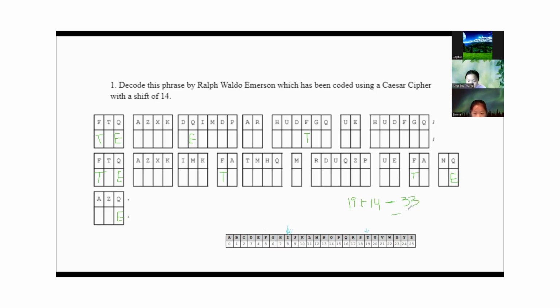And then if you subtract 26, which is how many letters there are in the alphabet, you get 7. So you can also do it that way. I subtracted 26, because A counts as 1, so you'd have to add another one. If you want to fill in all the T's with H's, that'd be good.